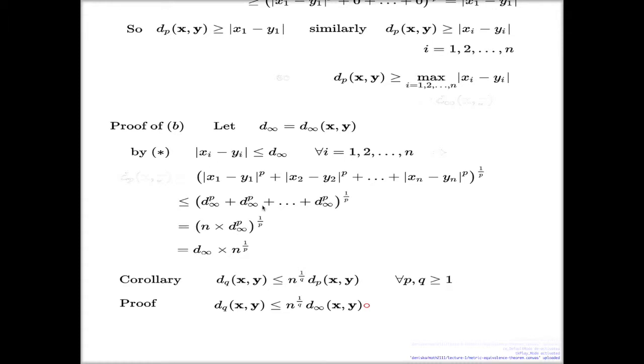And then by the first part again, but now the A side of the first part, we have this. We just replace d infinity with d_p. And that's all there is to it. Just a double application of the first part, B side first, and then A side of the first part of the theorem.